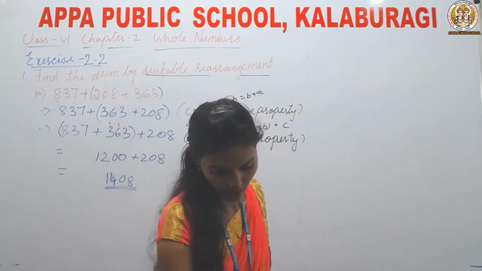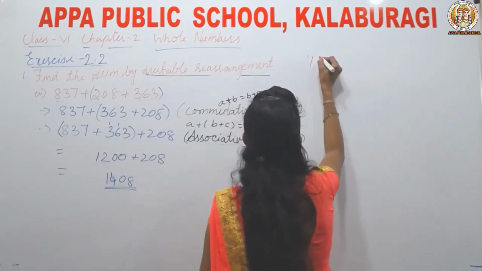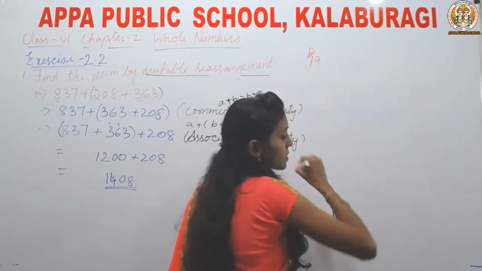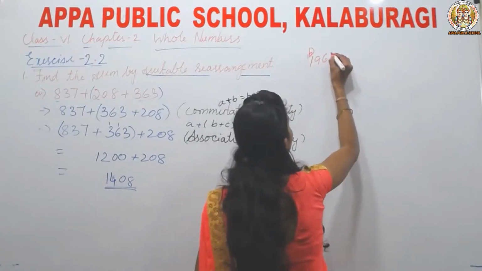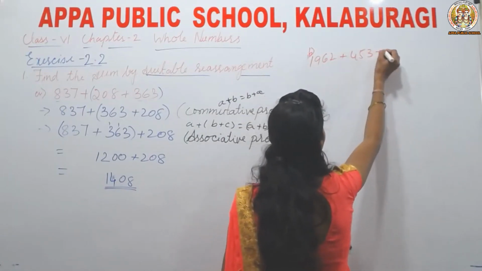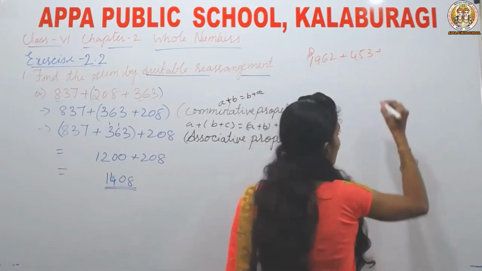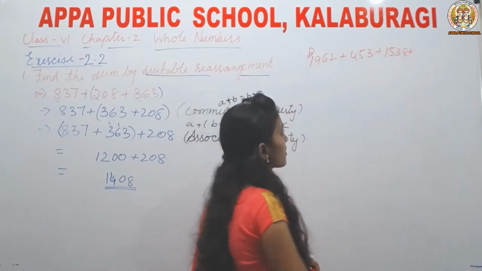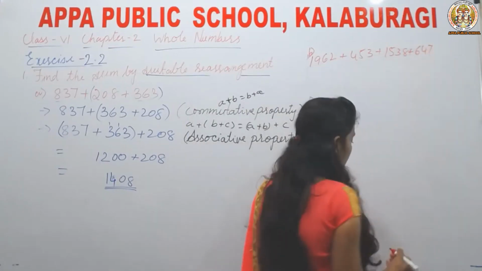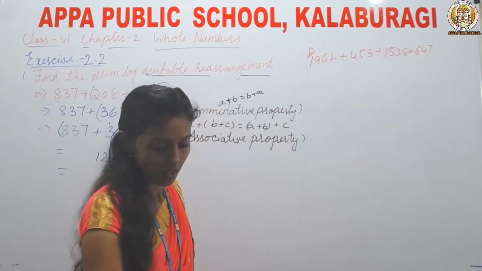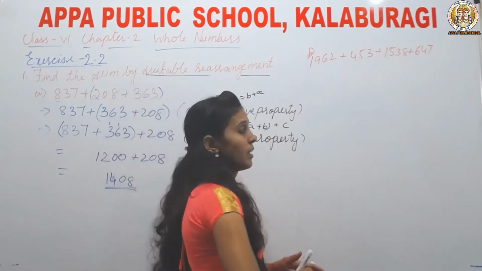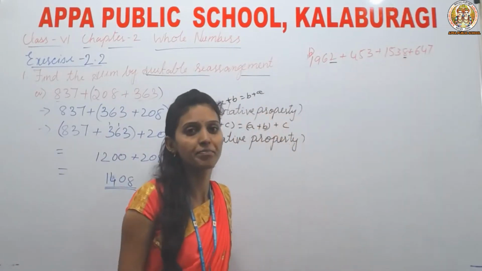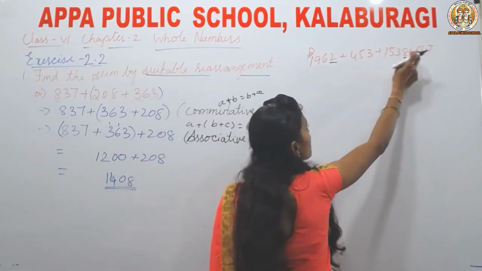Second one. Second number: 1962 plus 453 plus 1538 plus 647. Now, see what to do now. 2 plus 8, 10. So let us add these two. 3 plus 7, 10.